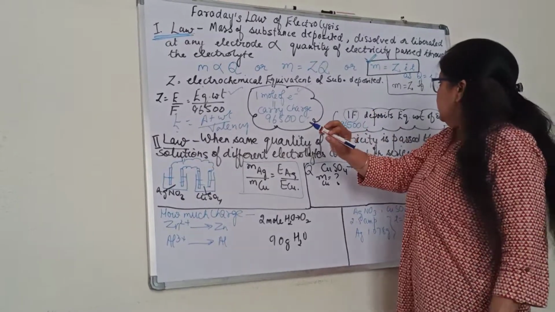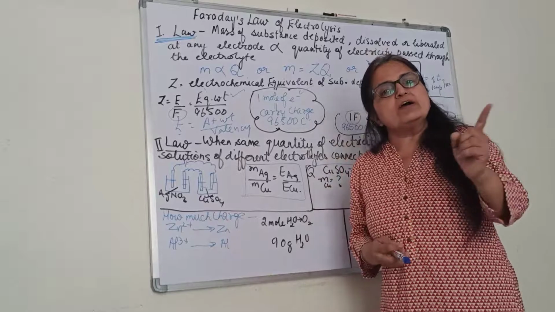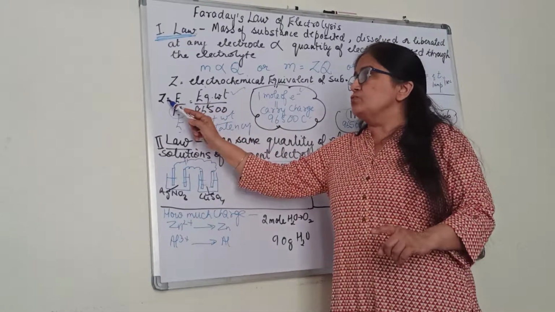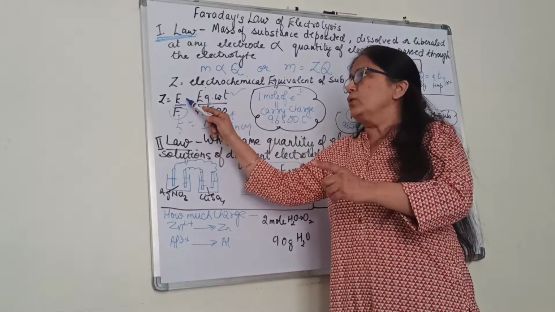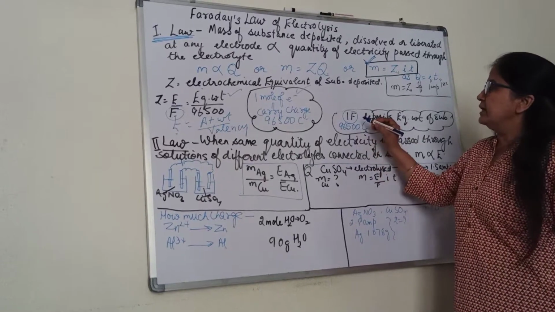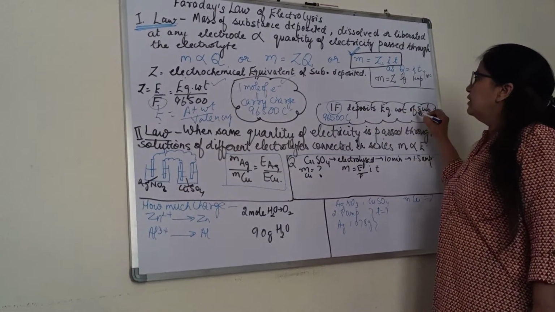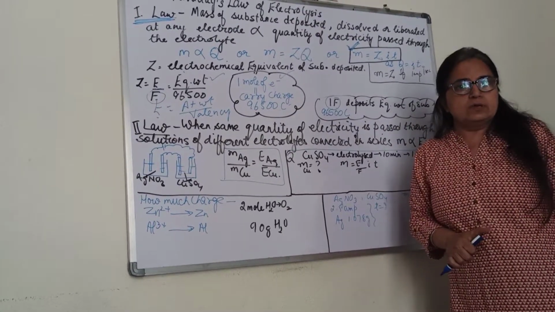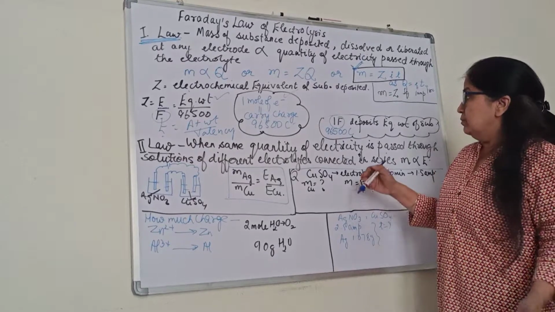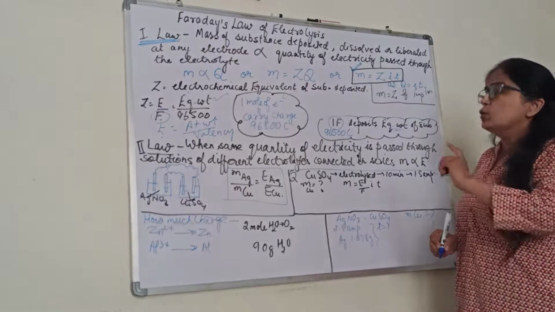So now in this, if I say F is equal to 1, that is 1 Faraday current is passed, what will be Z? Z will be equal to E. That means we can generalize and say 1 Faraday deposits the equivalent weight of the substance. If 1 Faraday of current is passed through a particular electrolyte, it will always deposit the equivalent weight of the substance.